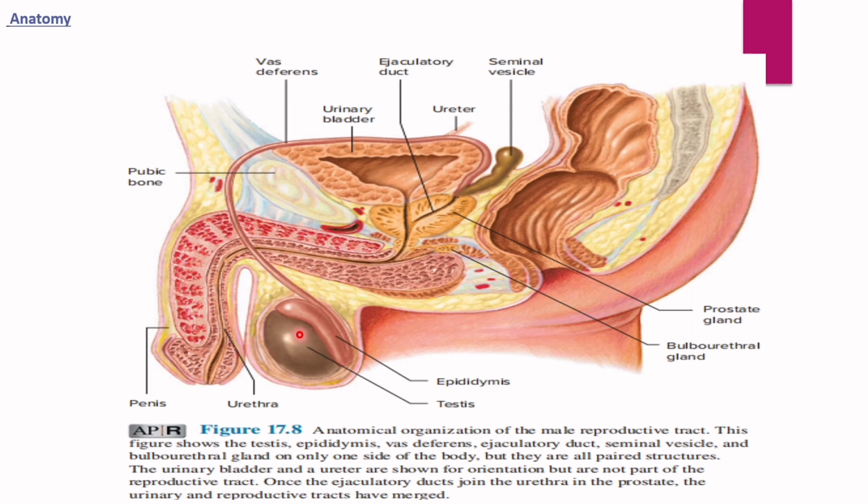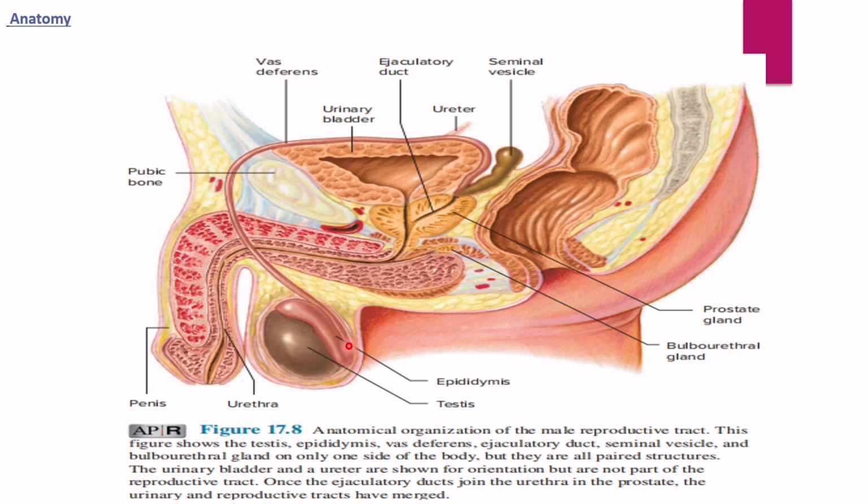The testes will transport their contents into the ductal system. Here we can see the epididymis. It connects to the posterior wall of the testes.